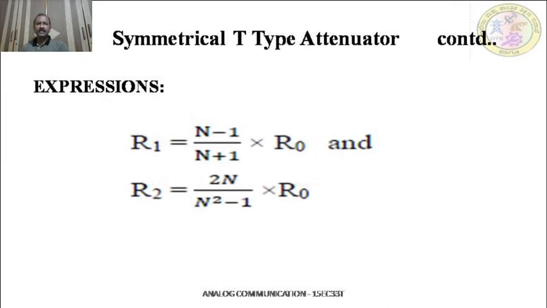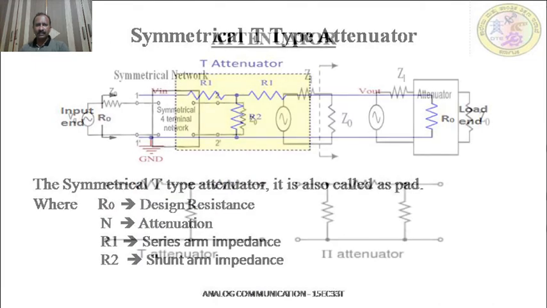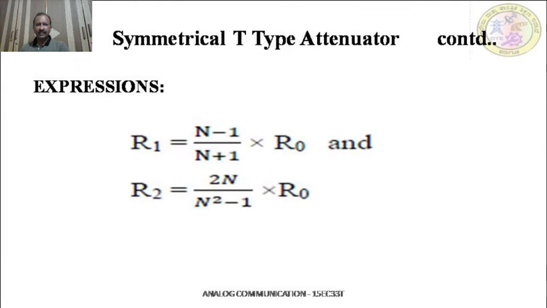Next, to design a symmetrical T-type attenuator, you are going to use these expressions. To calculate resistor R1 in terms of attenuation and design resistance, R1 is equal to (n minus 1) divided by (n plus 1) into R naught, and resistance R2 is given by 2n divided by (n square minus 1) into R naught.